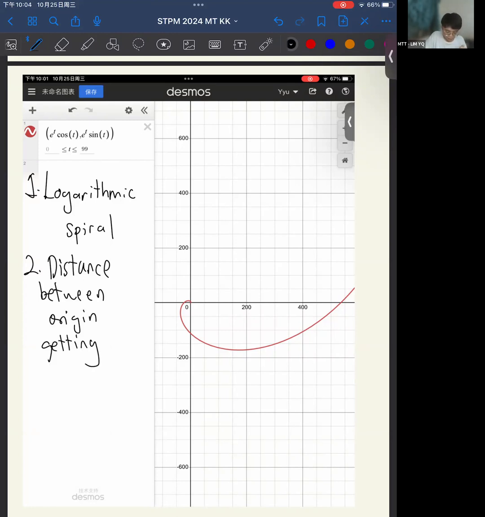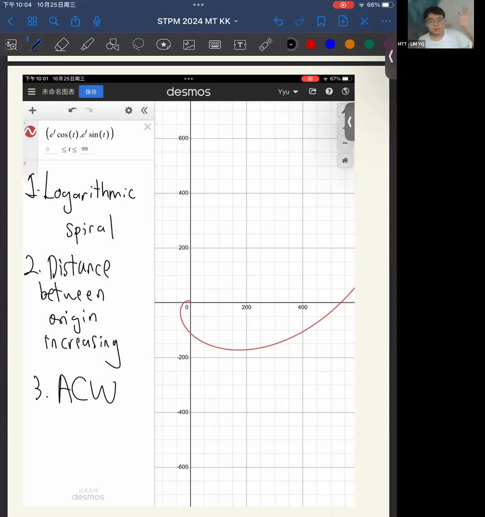In mathematical words, the distance from the origin is increasing. The last one is the direction. Still remember, direction we have anti-clockwise or clockwise. So this one is anti-clockwise. You write the full name, anti-clockwise.